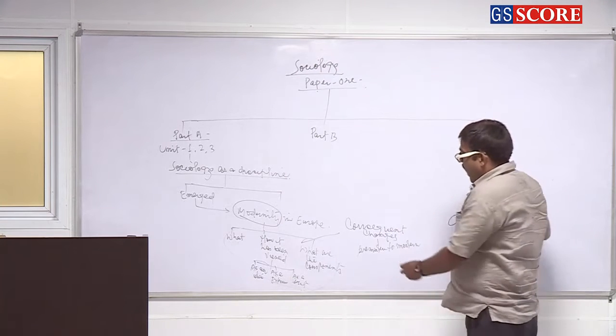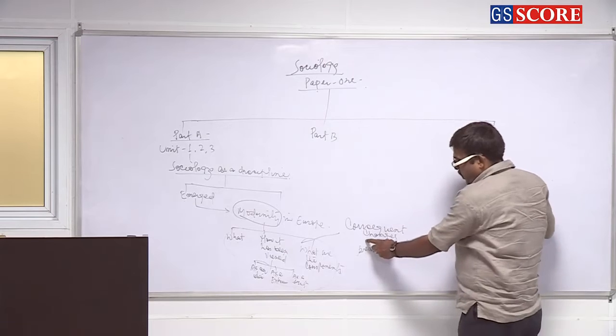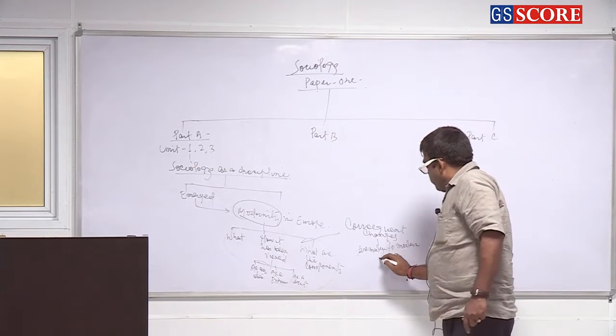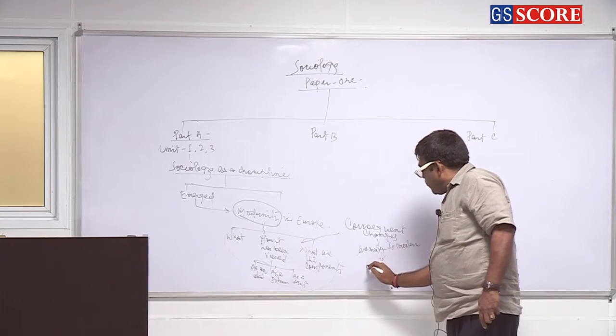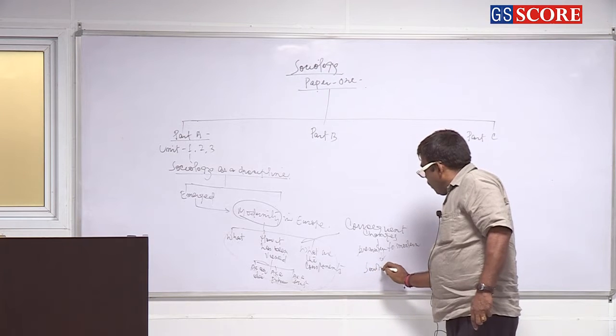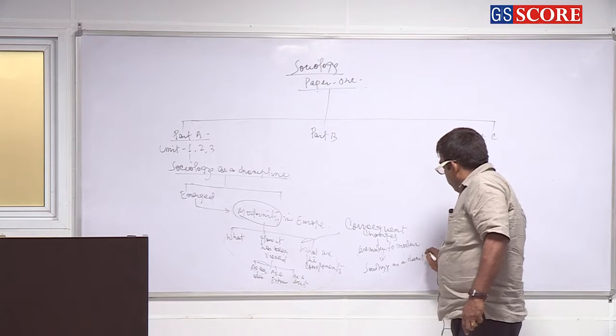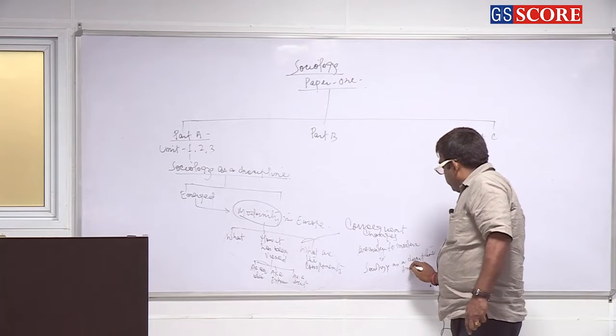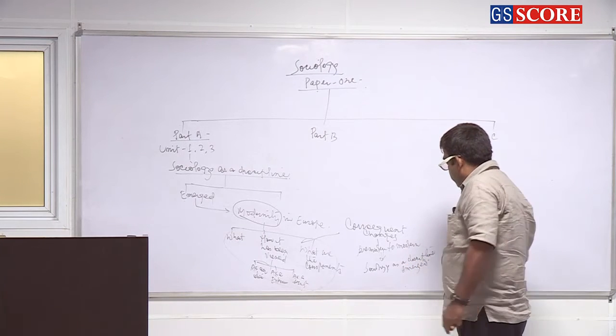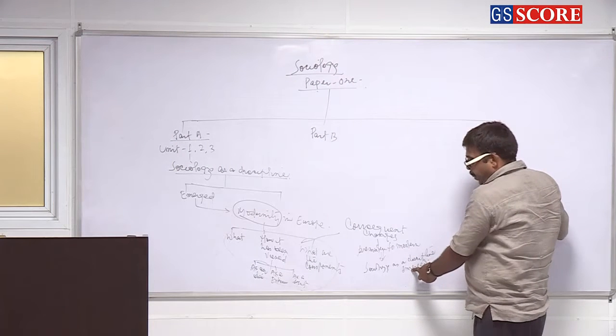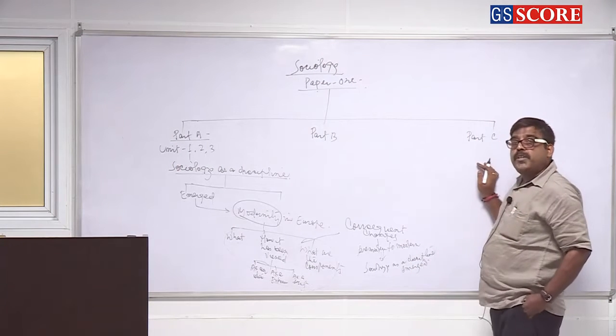And once we have looked at the consequent changes, then we'll have to place in what circumstances sociology as a discipline emerged. Then we would also know about certain perspectives.